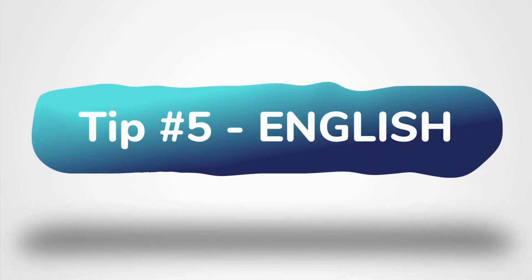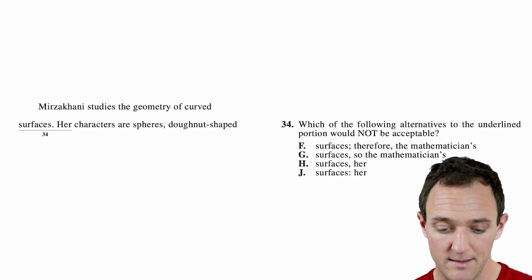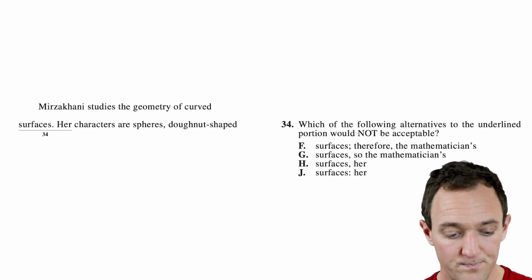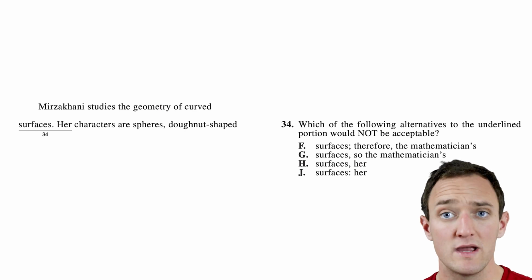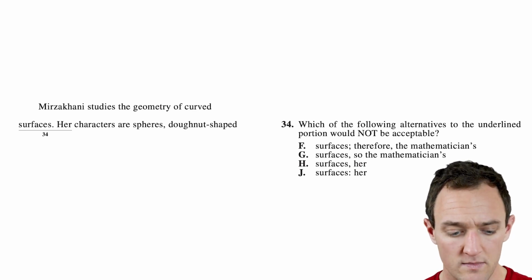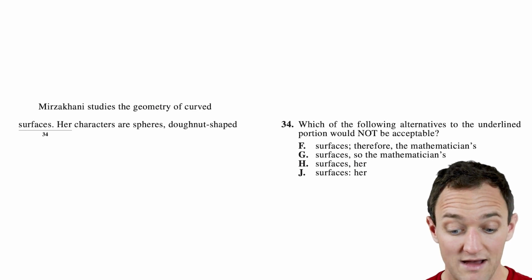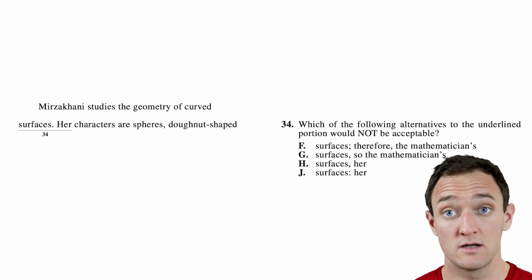Tip number 5, another English tip. This one is also really fun. If we look at our example, we have different punctuation choices: a period, a semicolon, and a comma and a coordinating conjunction.